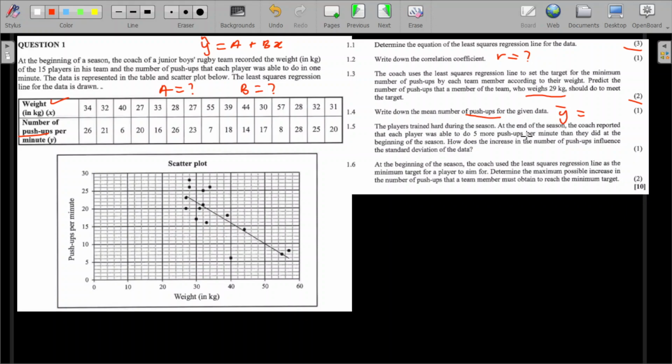And 1.6, they're saying at the beginning of the season, the coach uses the least squares regression line as the minimum target for players to aim for, and then determine the maximum possible increase in the number of push-ups that the team member must obtain to reach the minimum target.